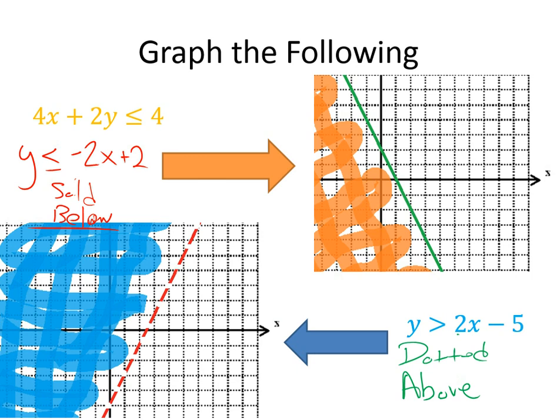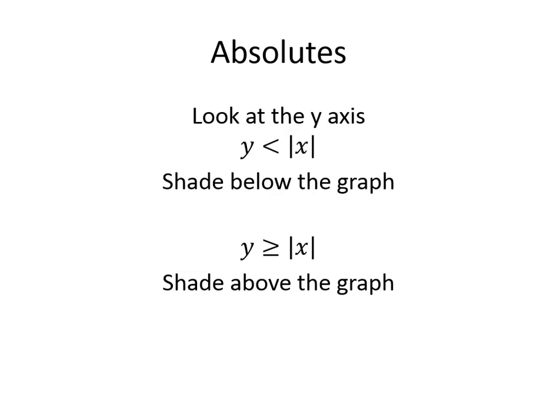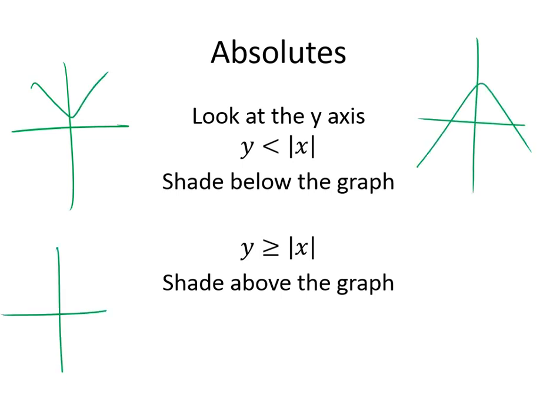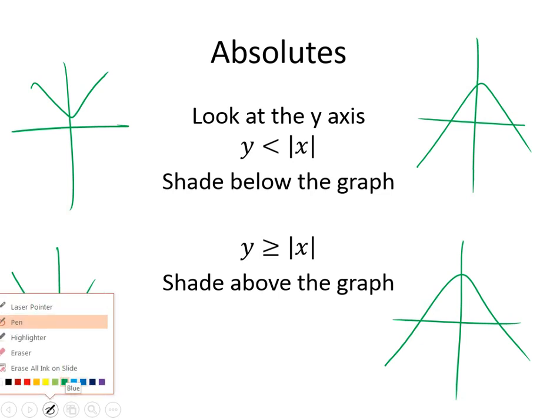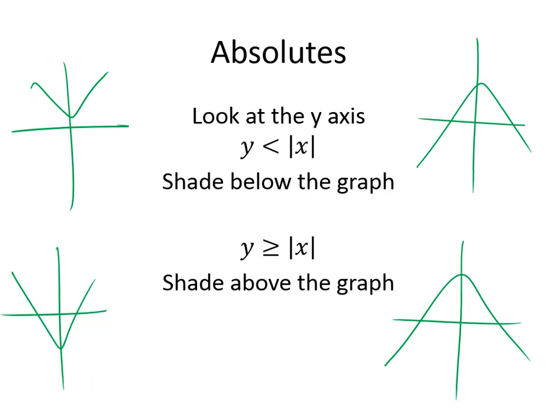All right, now the next thing is the absolute values. Remember, an absolute value makes that nice V shape, and absolute values can go in both directions. It can either be opening up or opening down. With your shading, if it's y is less than the absolute value, you're going to shade below it.